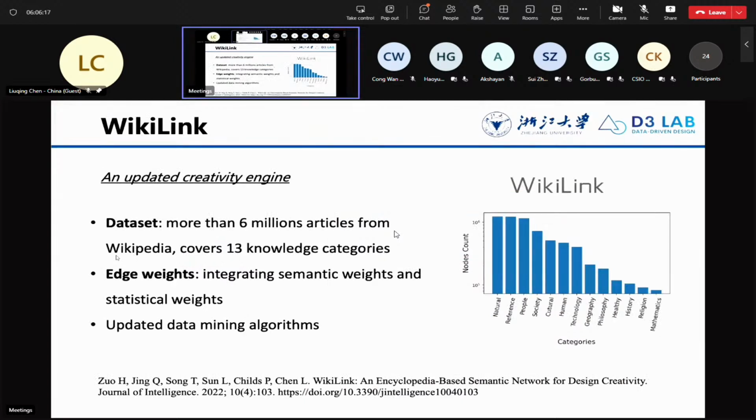We further upgraded the creativity engine, which is called Liuqing. In this tool, we constructed the dataset by connecting more than 6 million articles from Wikipedia with a coverage of 13 categories. The edges in Liuqing integrate two kinds of weights: semantic weights and statistical weights, which can better reflect the relation between two nodes with the updated algorithms.